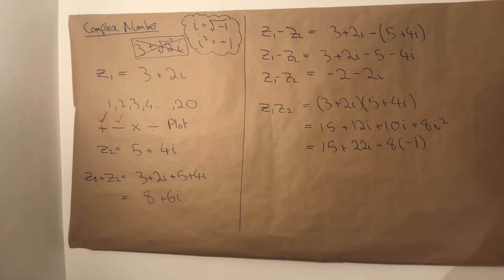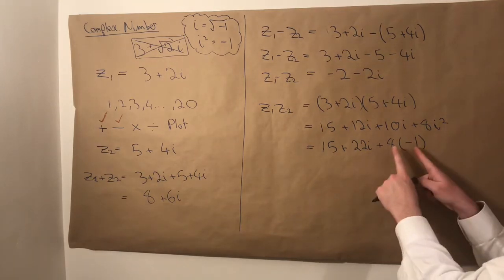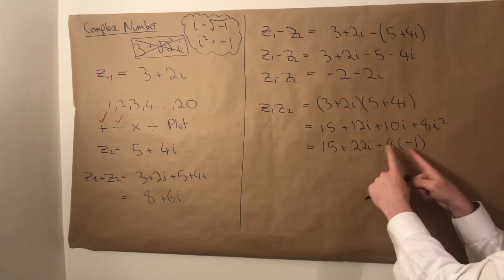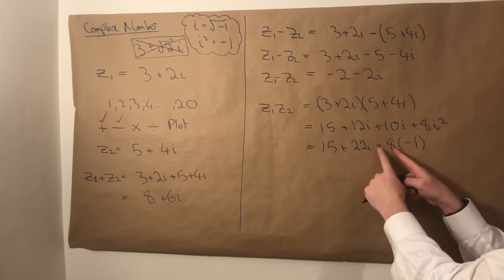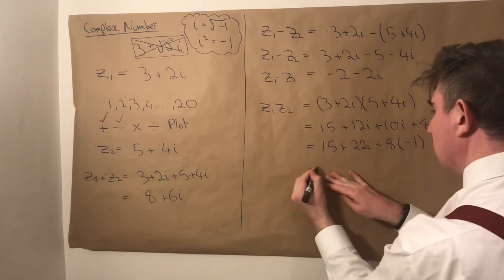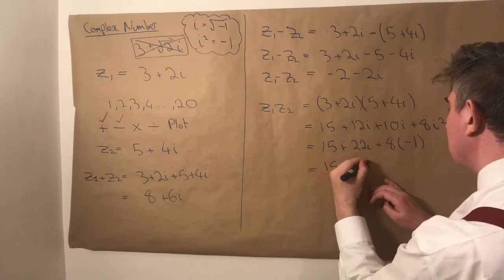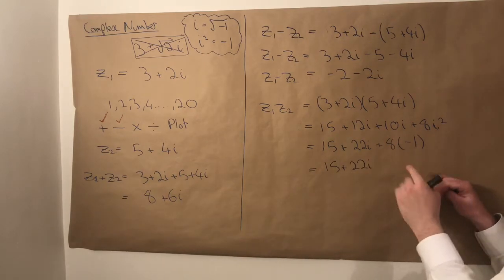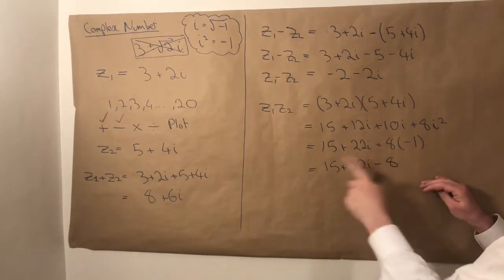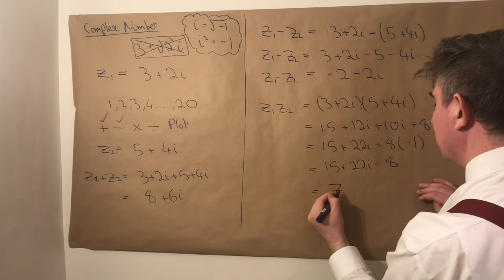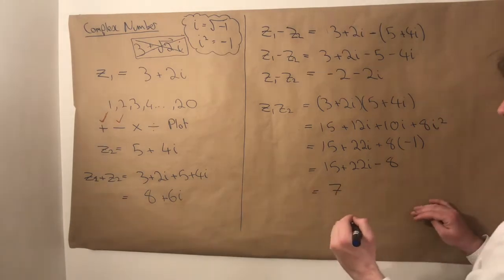Now, what's going on here? Plus 8 by minus 1. Nothing really is happening here yet. Plus 8 by minus 1, that's just minus 8. So that's going to equal 7, is it? Yeah.